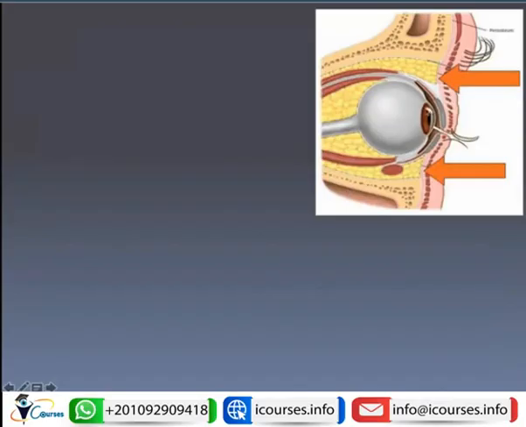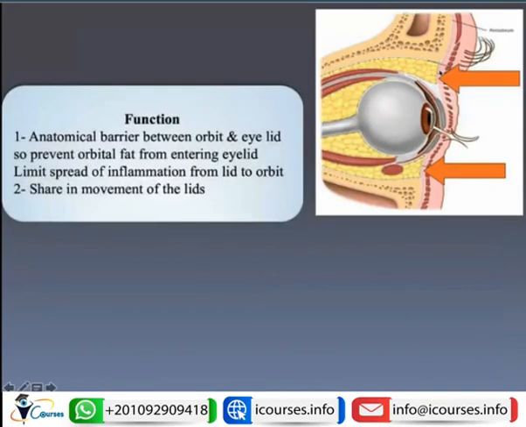The importance of the orbital septum is that it acts as an anatomical barrier. So it is present here and here, making a separation between the orbital fat, as you can see here, and the skin of the eyelids.